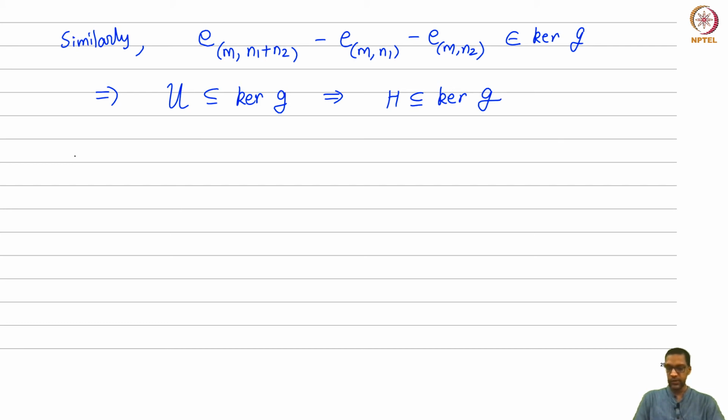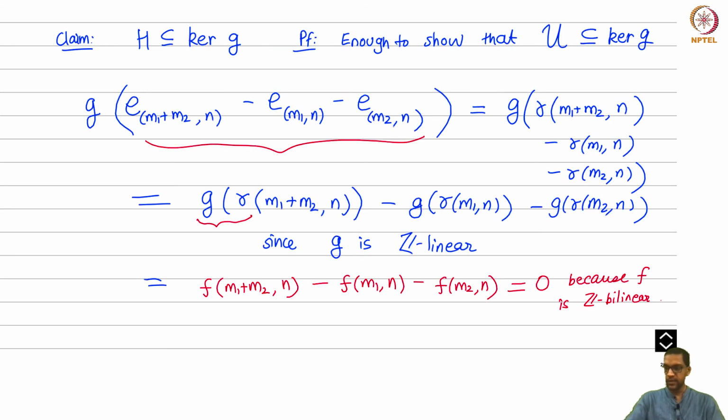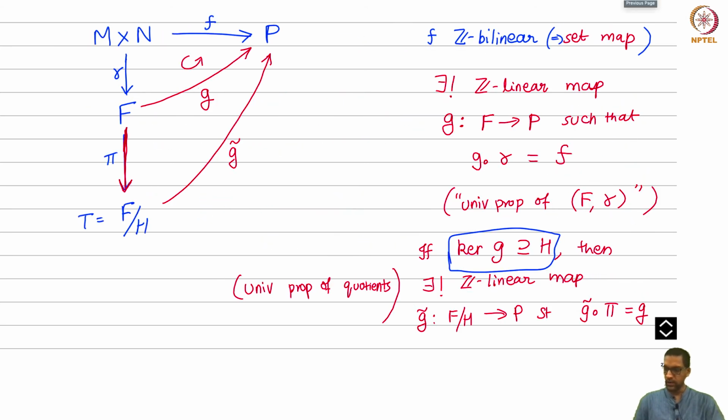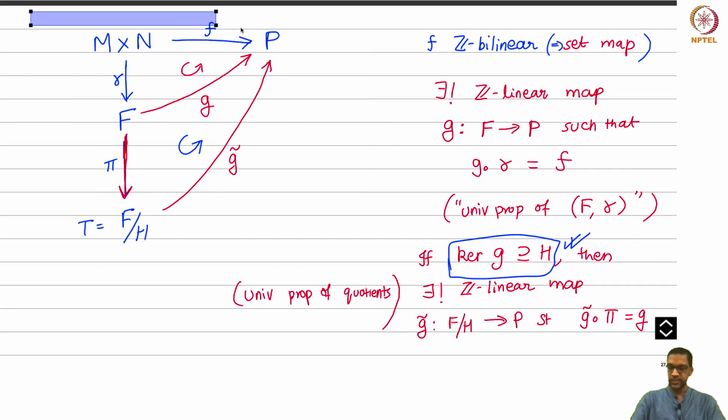Therefore, by the universal property of quotients, what does it imply? It implies that there exists a unique map. So we have shown that the kernel of G contains H. This is true. Therefore, there exists a unique Z linear map which makes this diagram commute. Okay, good. So what we have finally established is the existence of all these maps.